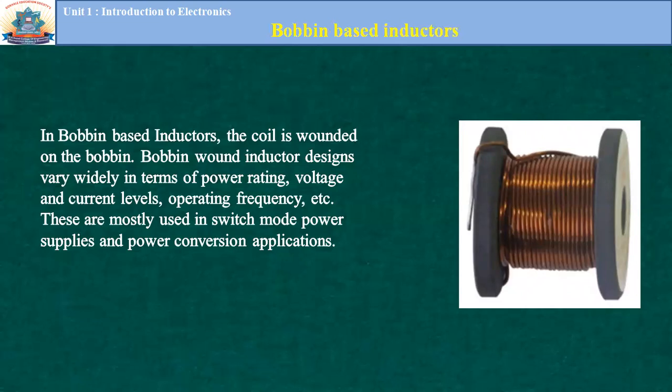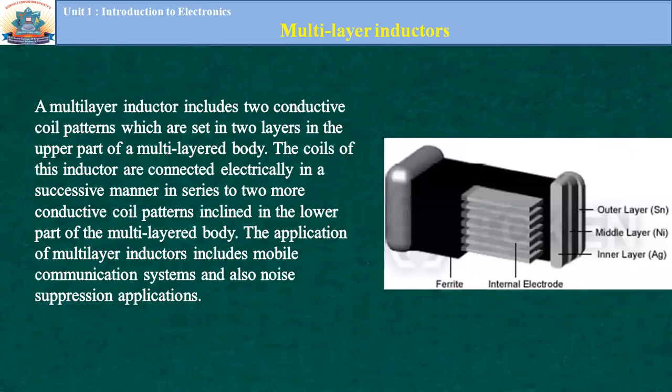Bobbin wound inductor designs vary widely in terms of power rating, voltage and current levels, operating frequency, etc. These are most commonly used in switch mode power supplies, so power conversion applications.